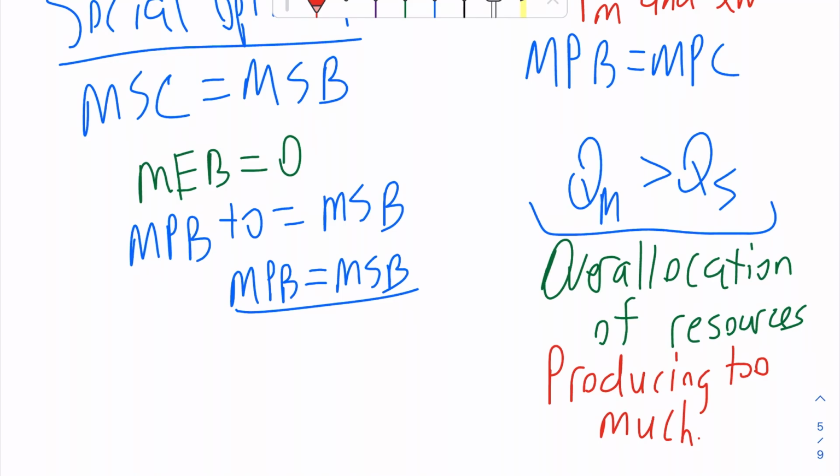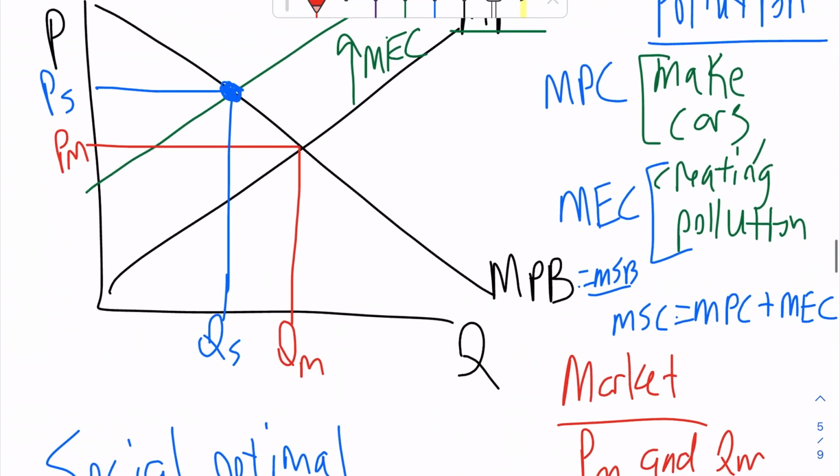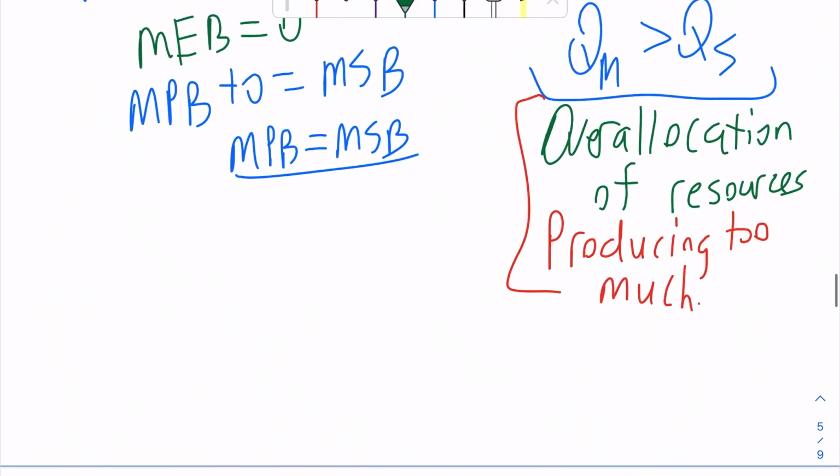So if you're producing too much, what do you want to happen to price? You want to reduce quantity and increase the price. So what should the government do to decrease quantity and increase price? You need a tax. So the government's going to put a tax.